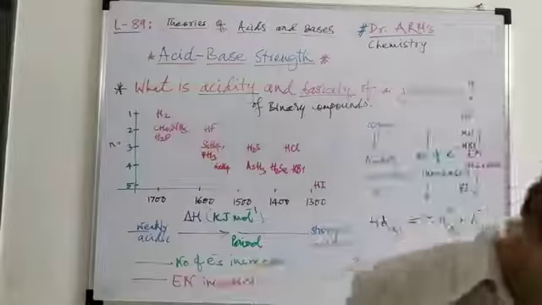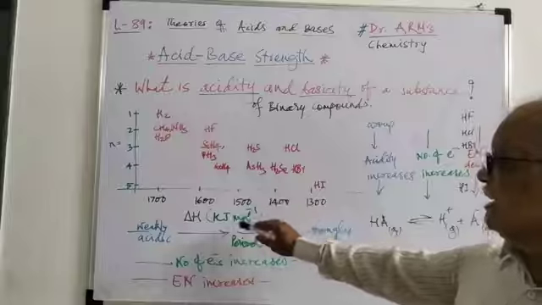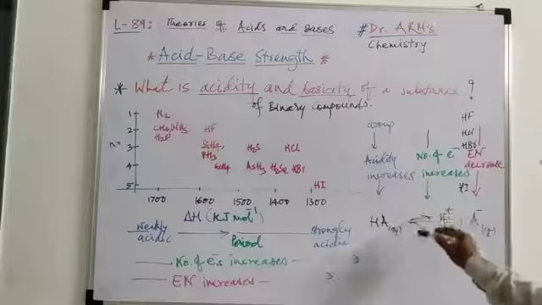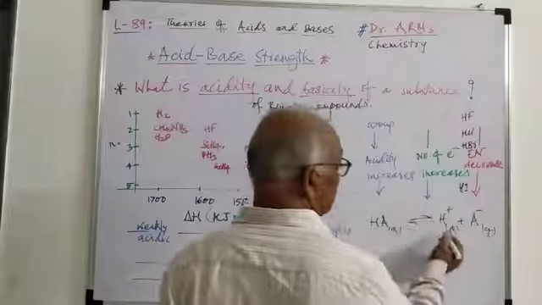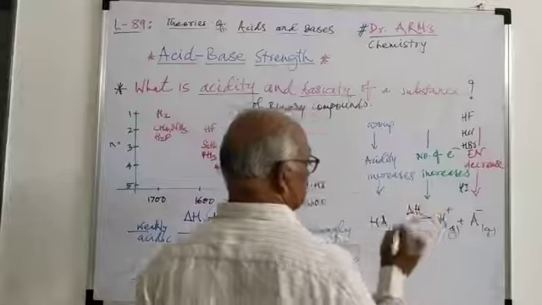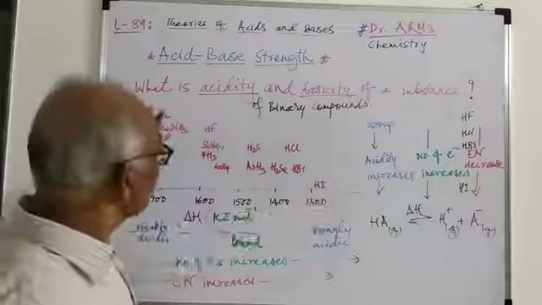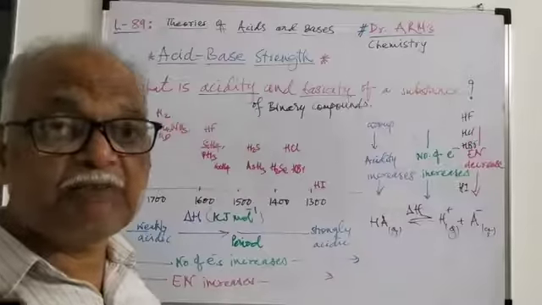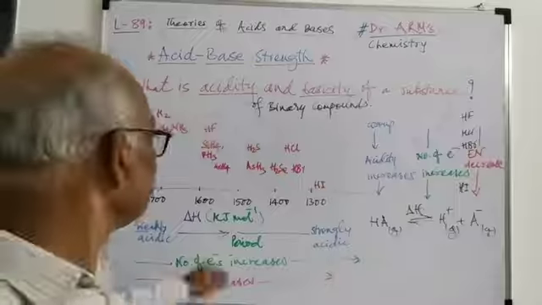So the change in enthalpy when it is ionized is delta H, and we have shown here the delta H values for various binary compounds containing a hydrogen atom and any other atom.